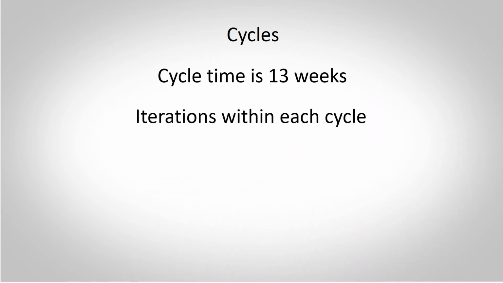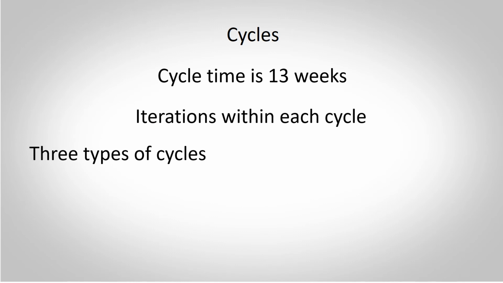So what is a cycle within P4? A cycle consists of a 13-week cycle, and within that you have iterations. And I know you're going, well, a 13-week cycle, that's not agile. It's more the iterations in between and how the teams function and how we get the work done.